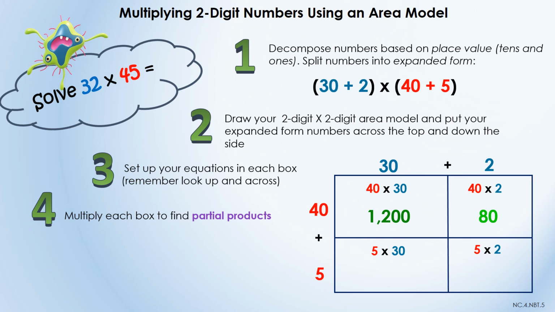I know that 5 times 3 equals 15. So now I'm just going to add another 0 because I'm dealing with groups of 10. And finally, last but not least, I have 5 times 2, which equals 10. I'm just going to keep this 10. I don't need to add a 0 or anything because I'm not dealing with more than one group of 10 in this case.